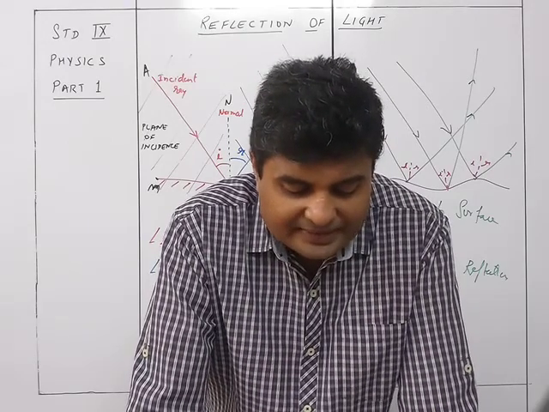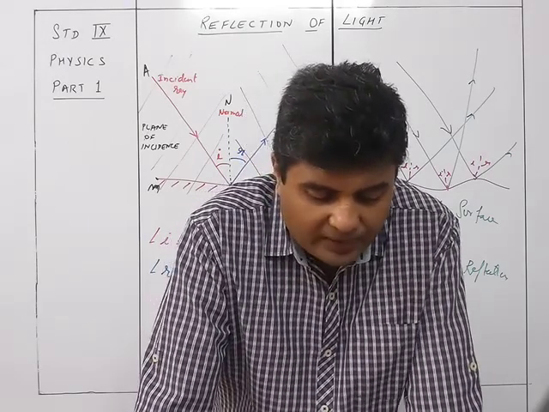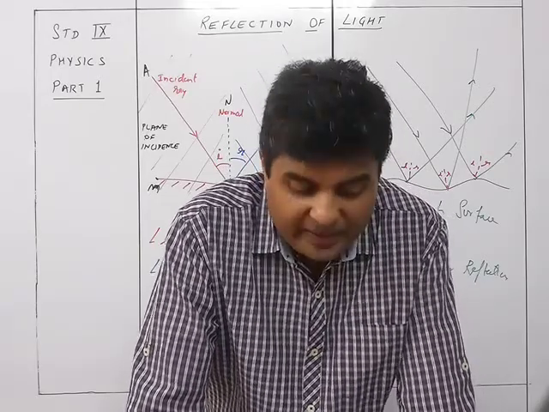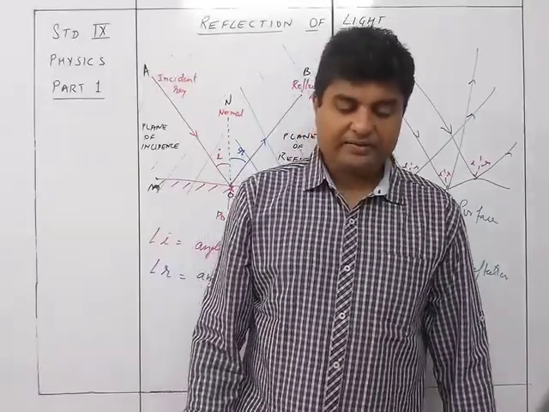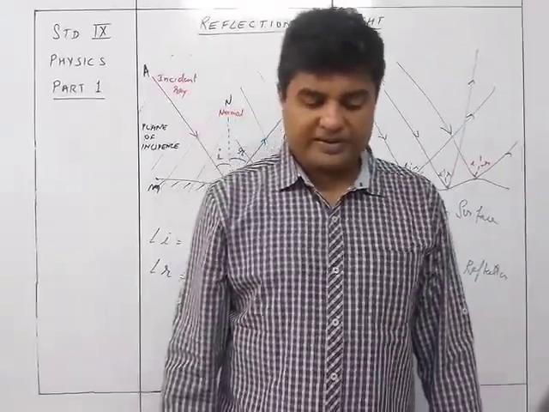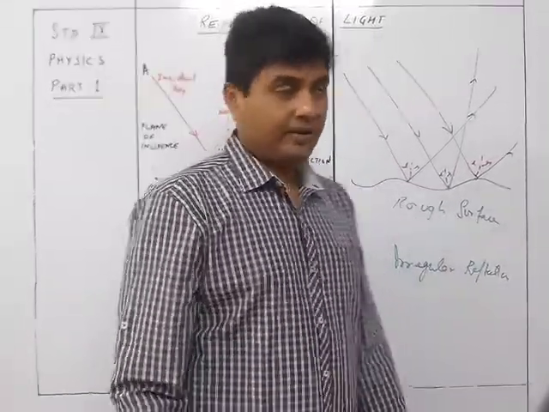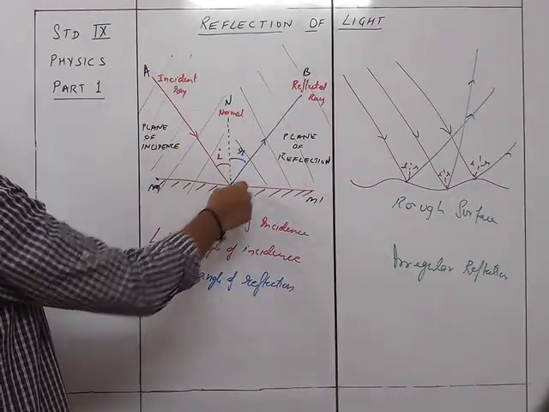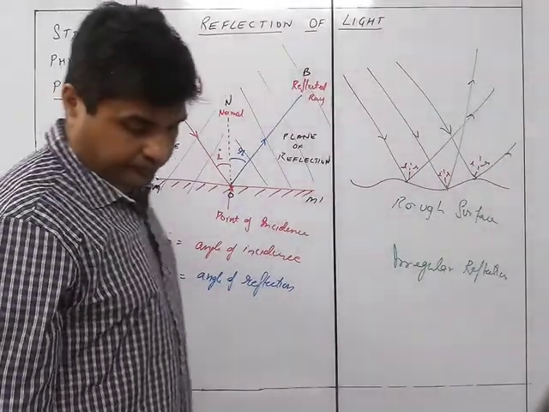A light ray is incident in the direction AO at the point O on the mirror. It is reflected along the direction OB. Thus AO is the incident ray, O is the point of incidence, OB is the reflected ray.